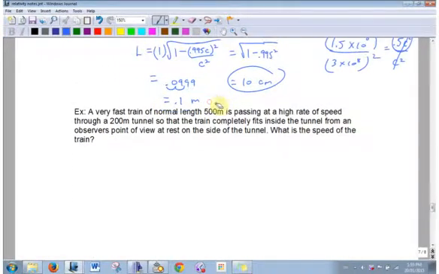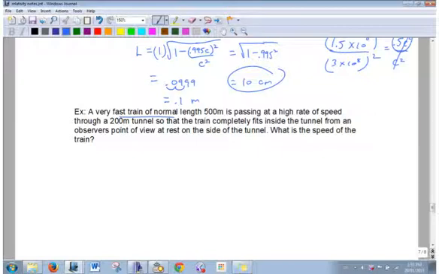Another question. So I could have worded this a whole bunch of ways, but there's a train. It's 500 meters long. And if it moves fast enough, it will actually enter a 200-meter tunnel, and you will not see the front of it exit the tunnel until the back of it is actually hidden by the tunnel.